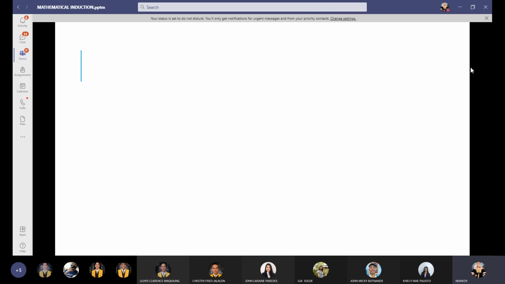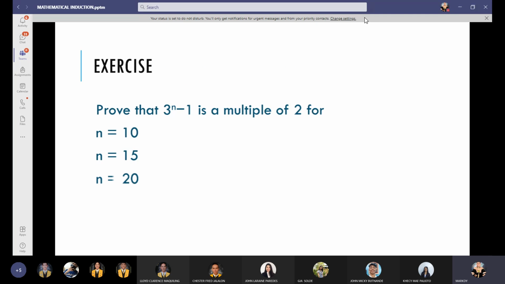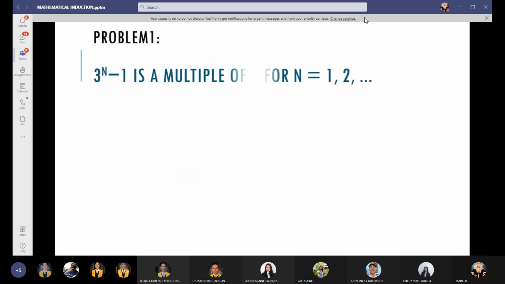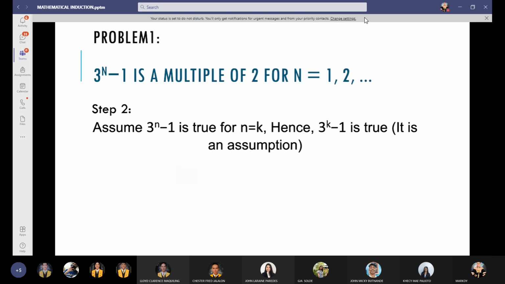Okay, so to continue, we need to assume that 3 to the power of n minus 1 is true for n is equal to k. That is step number 2. Therefore, 3 to the power of k minus 1 is true. We only replace n with k.